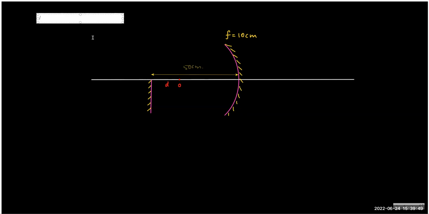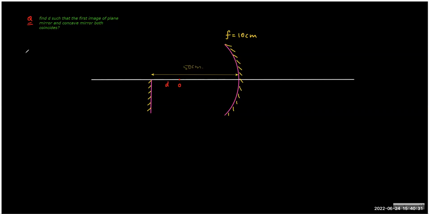Yes. So we are supposed to find D such that the image of the plane mirror and the spherical mirror, or you can say concave mirror, the first image, both coincide. Okay. So that's a simple, straightforward question.